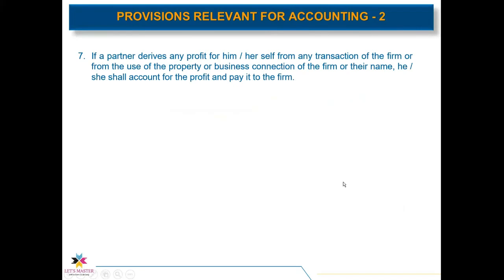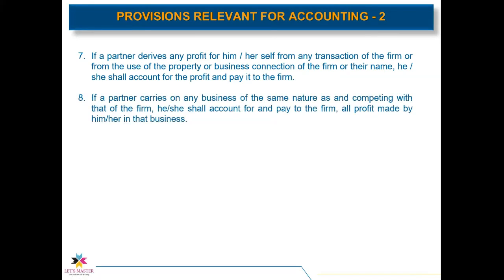if the partner derives any profit for himself or herself from any transaction of the firm, or from the use of property or business connections of the firm or their name, he or she shall account for the profit and pay it to the firm.